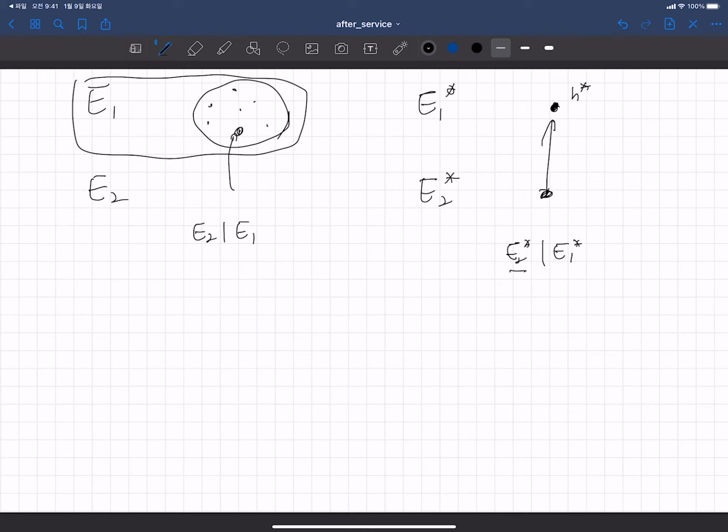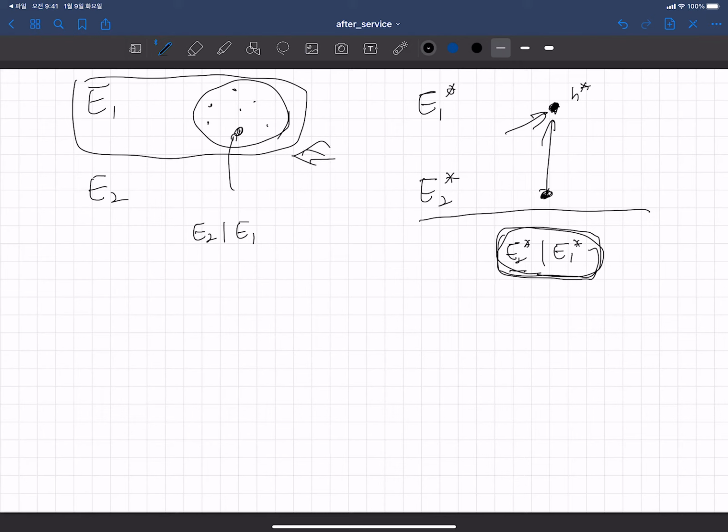E2 star given E1 star is a more restrictive case because we just considered this single particular hypothesis, and the event E2 star is true when this specific hypothesis is also true.